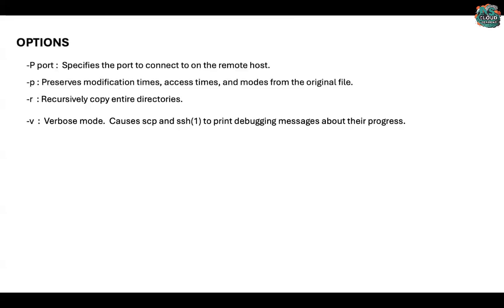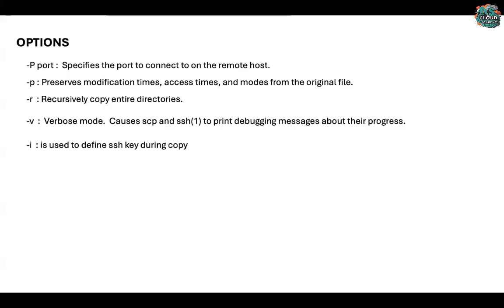-v is used for verbose mode, as in all other commands which we use. When you define -v, it will show you the process. -i is used to define the SSH key. If we talk about SSH, when you log in on any server, there is an option for passwordless authentication, meaning you have to configure key-based authentication, so it will not require any password.